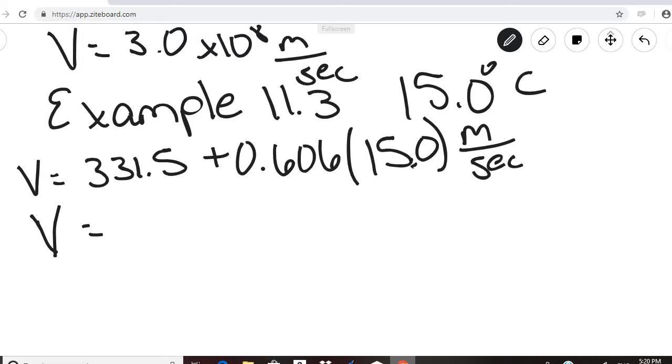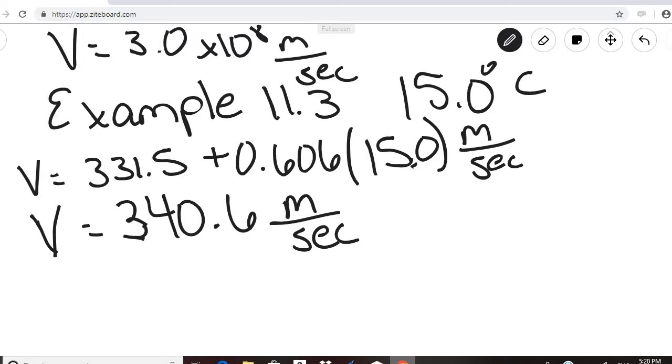So if we do this math with our significant figures, we would get a velocity of 340.6 meters per second.